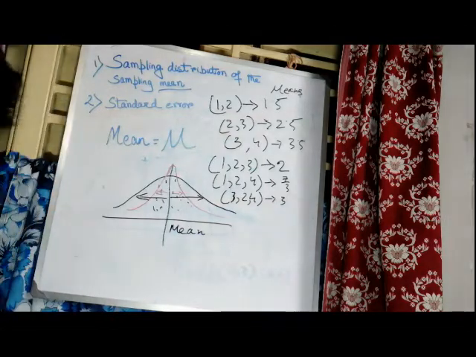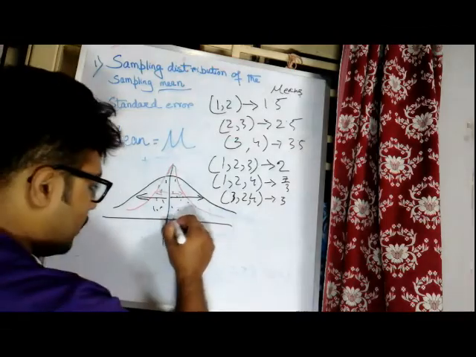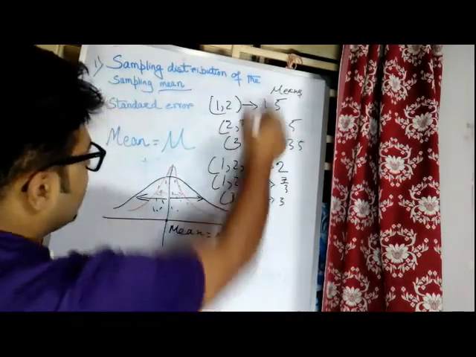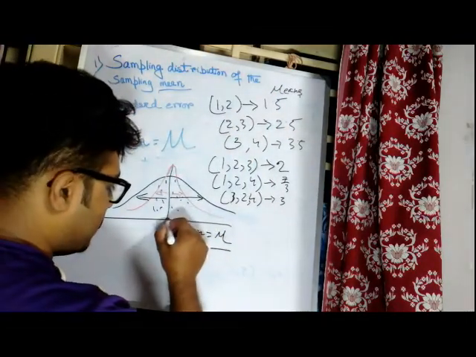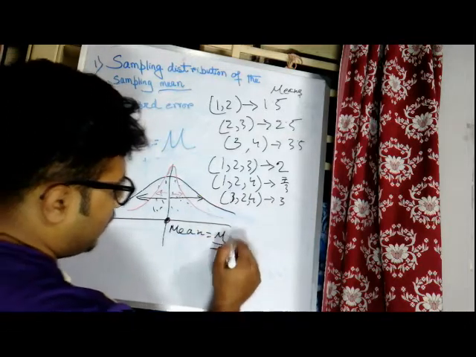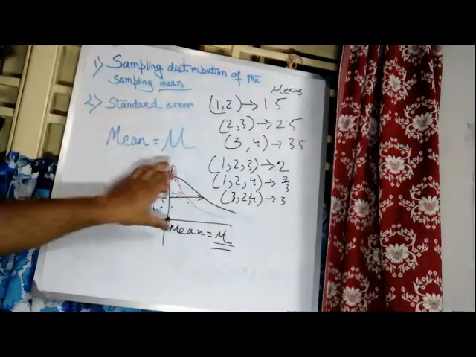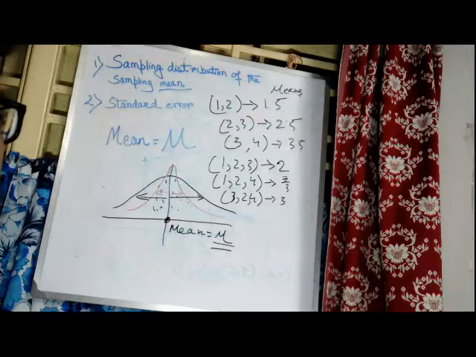And remember one thing, the mean will always be equal to mu. What is mu? That is the mean of the total population. This point will always be equal to the mean of the total population, that is mu. So it will be distributed around it. This is the basic principle of the central limit theorem.